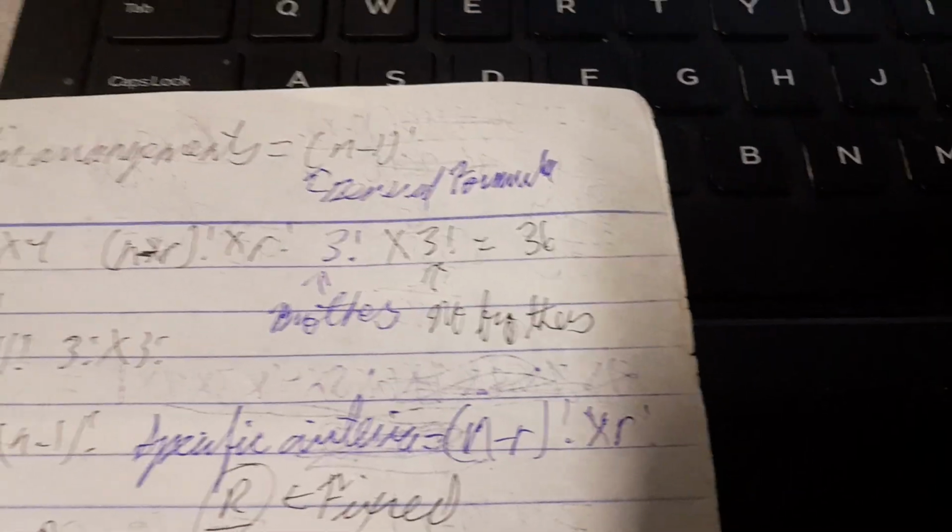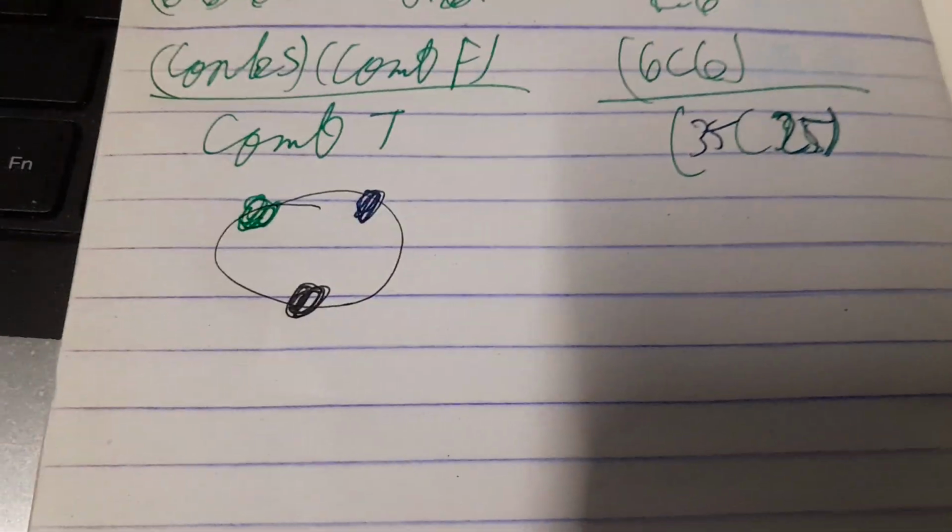And here's the reason why. For example, this is your necklace. Let me draw it for you. This is the necklace you wear. Let's say this is bead 1. This is bead 2, the green. And this is bead 3, the blue.